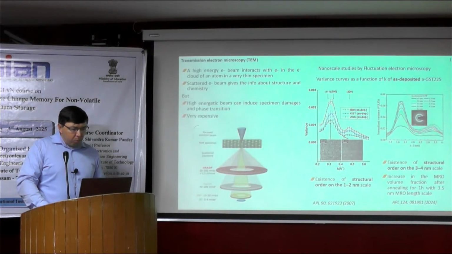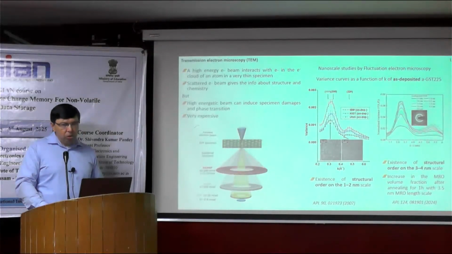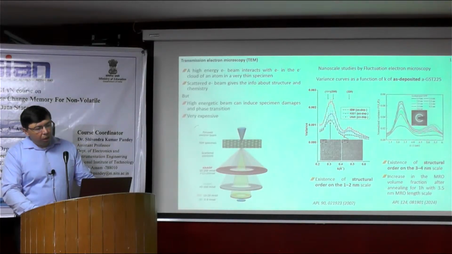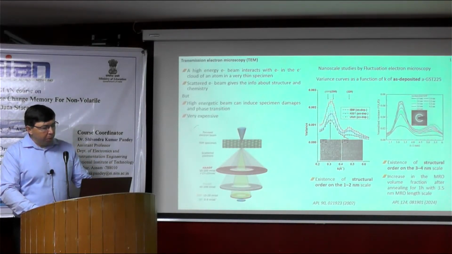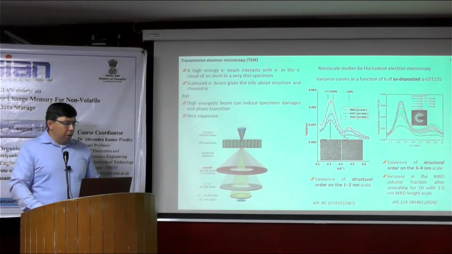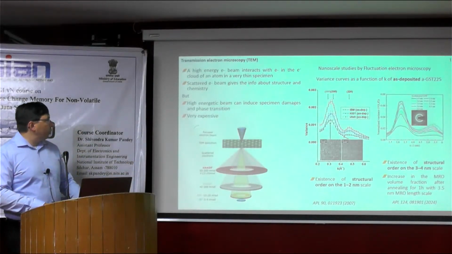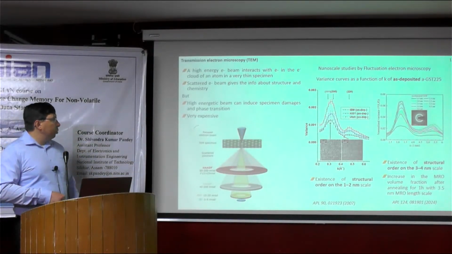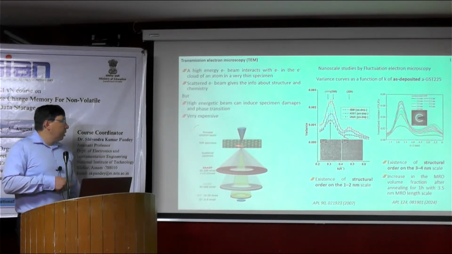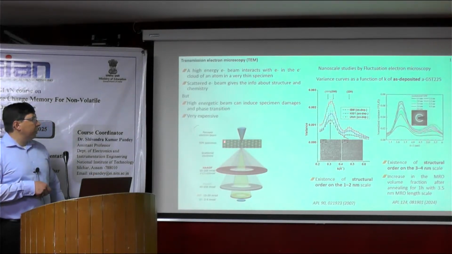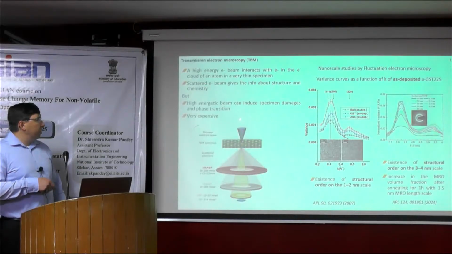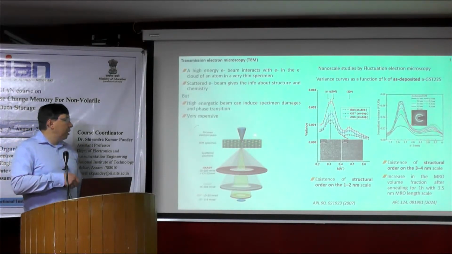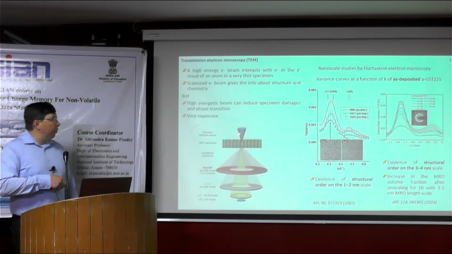Amorphous solids can also be studied by using transmission electron microscopy and by specific methods. This is a short introduction to TEM. In TEM, you use a thin specimen, on the order of 100 nanometers, and illuminate it with an electron beam, focused or parallel.